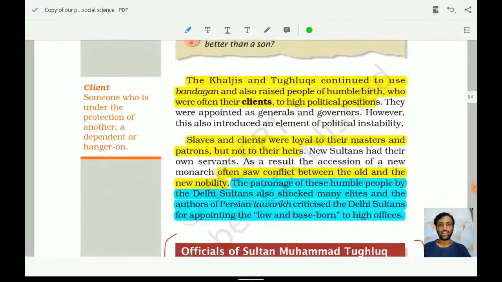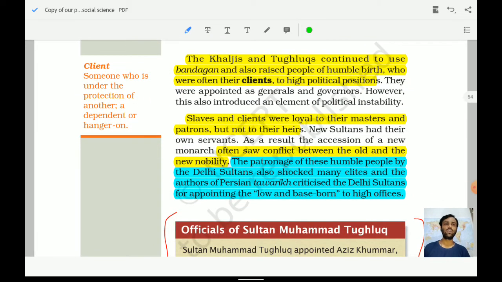So we will understand about the Khalji. The Khalji and Tughlaqs continued to use the bandagan and also raised people of humble birth, who were often their clients, to high political positions. But we cannot say this about Khalji, though he had slaves, right? The people of humble origin did not get prominence in his era.